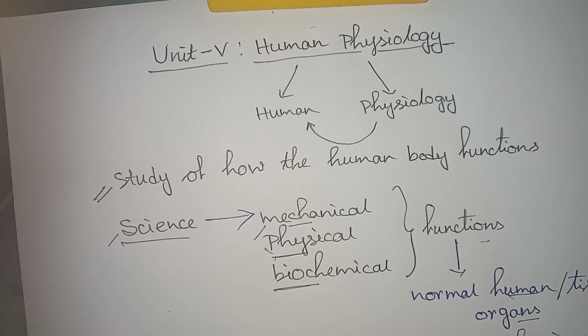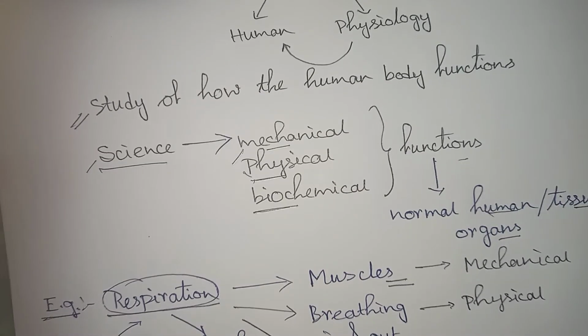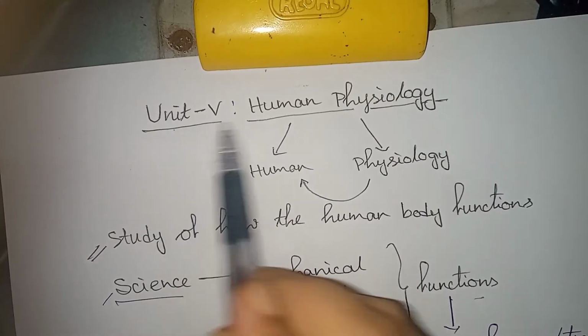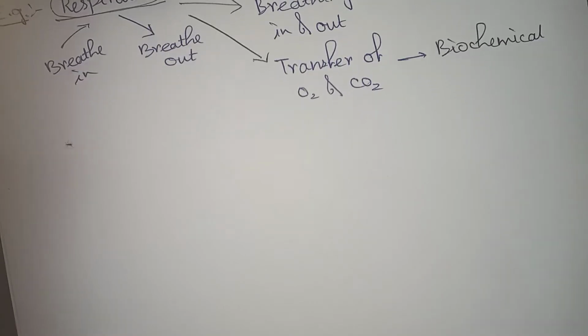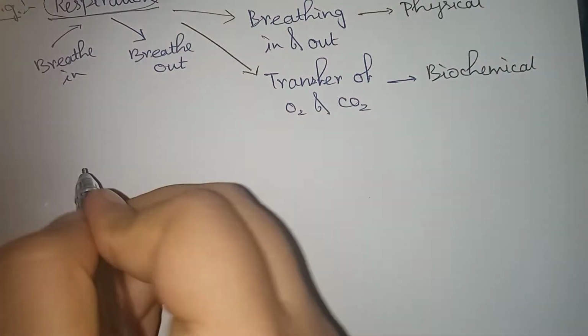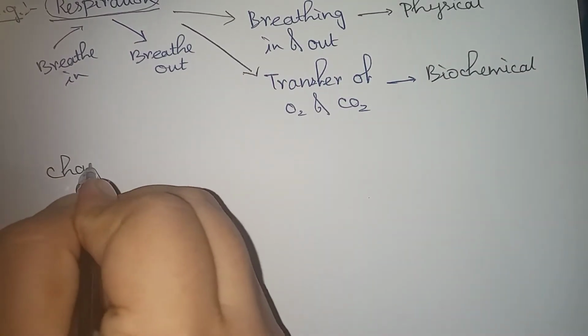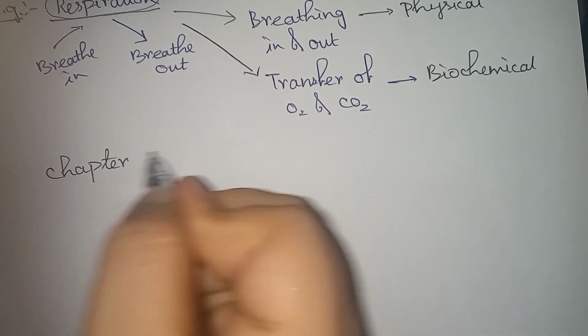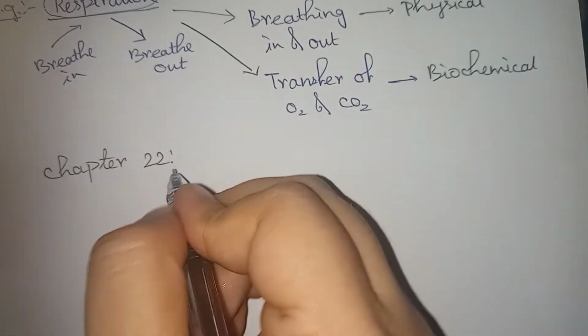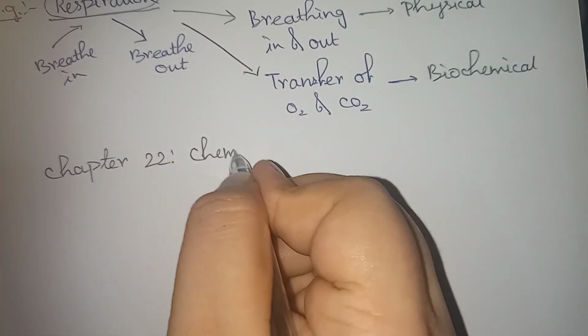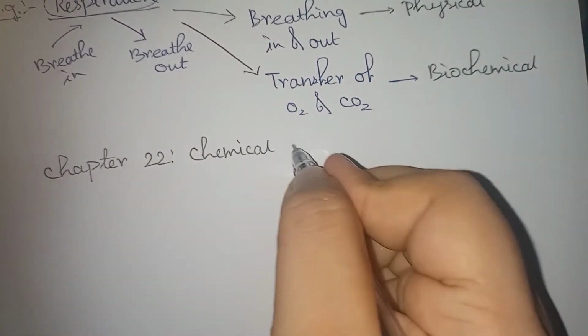So now let us proceed to the further topic. It was our Unit 5, human physiology. In Unit 5 we will start with Chapter 22, that is called chemical coordination and integration.